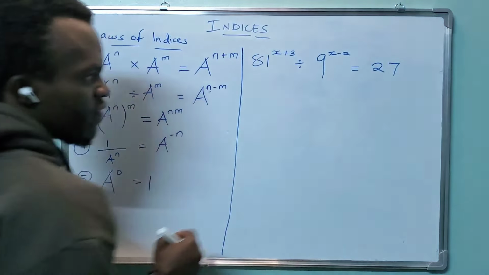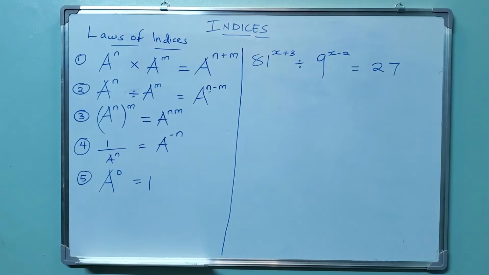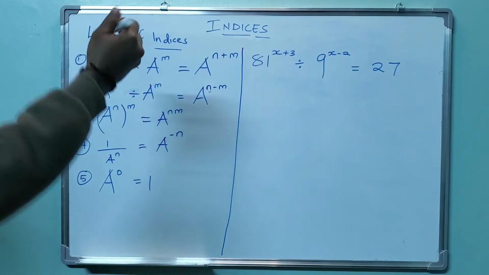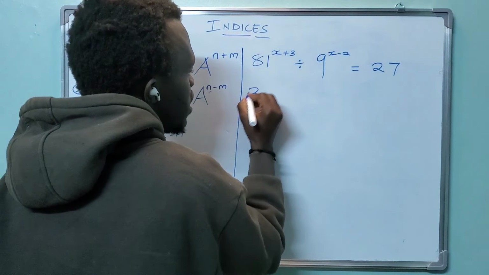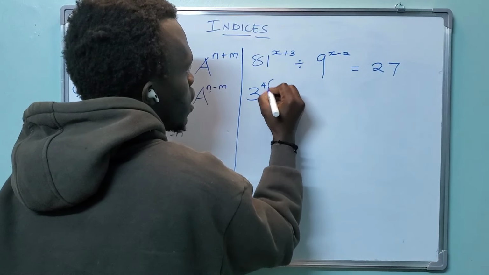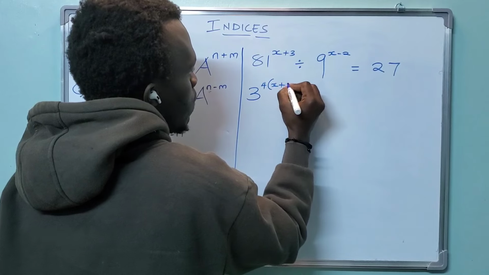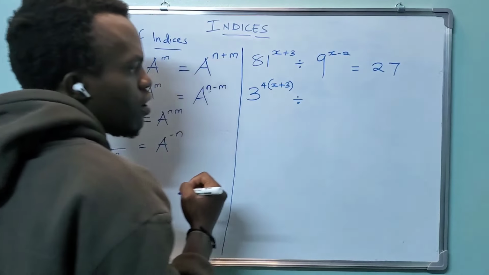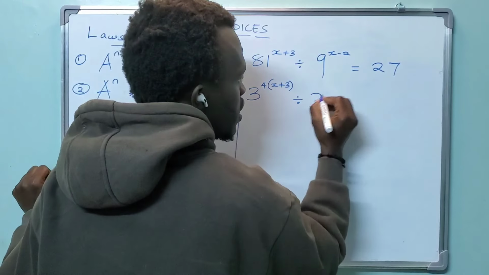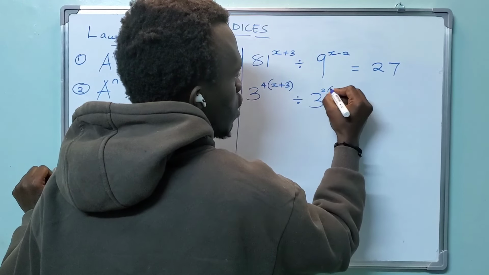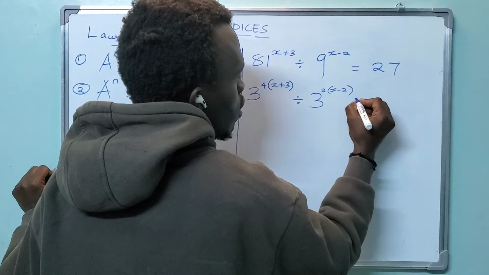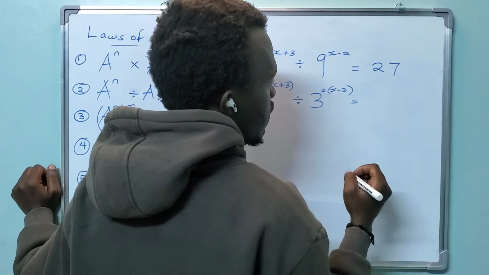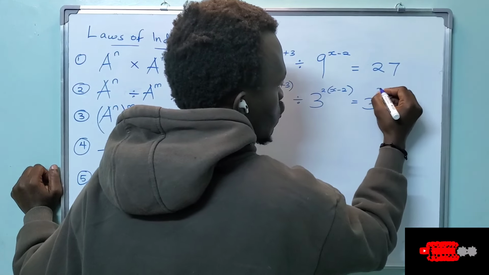I'll make them to the base 3 because 81, 9, and 27, all of them can be written to base 3. So 81 is going to be 3 raised to power 4 into x plus 3 divided by 9 to base 3, it is going to be 3 raised to power 2 into x minus 2 being equals to 27, it is 3 raised to power 3.